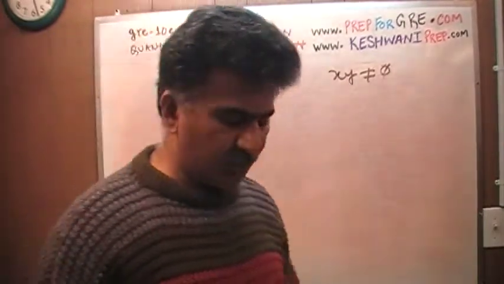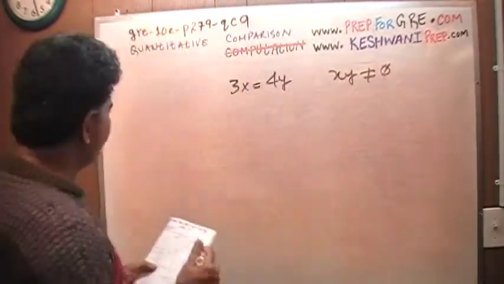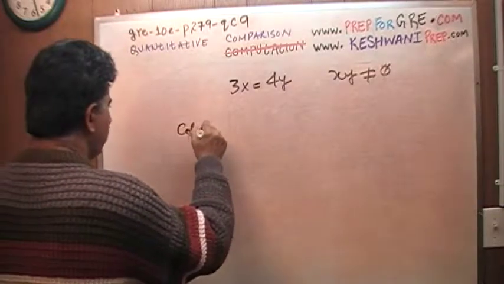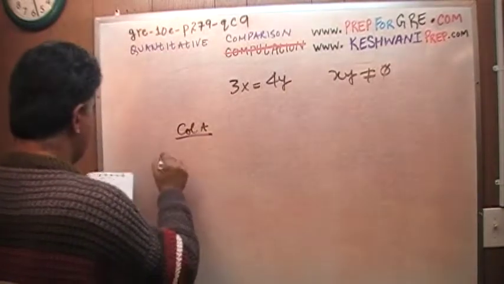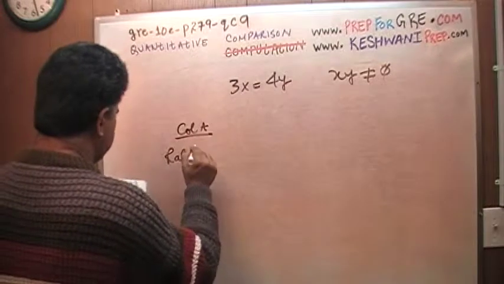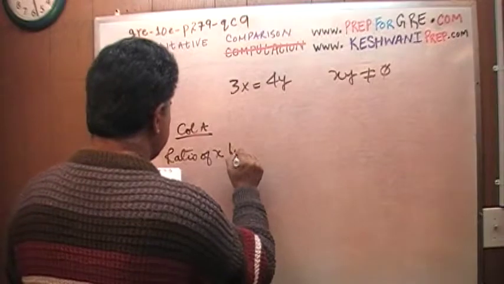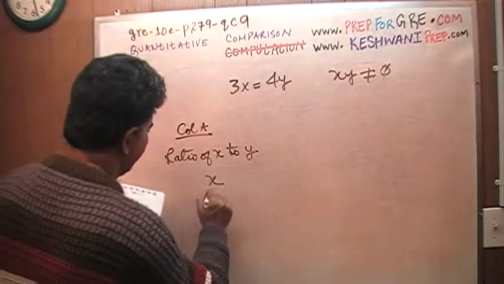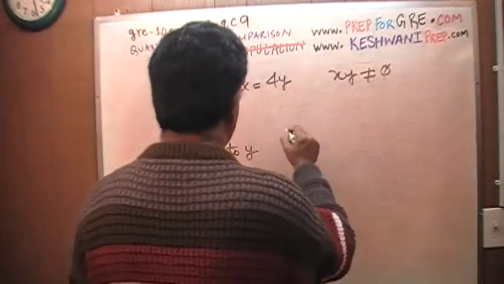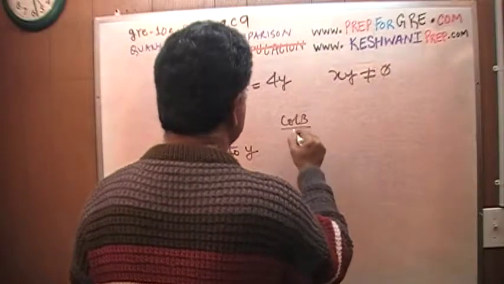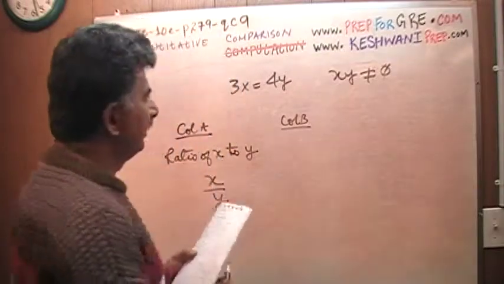In which case, the ratio of x to y, which is your column A, is simply x over y, and column B, I shouldn't have done all this because I need the room.